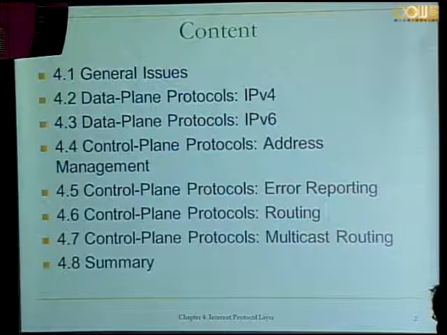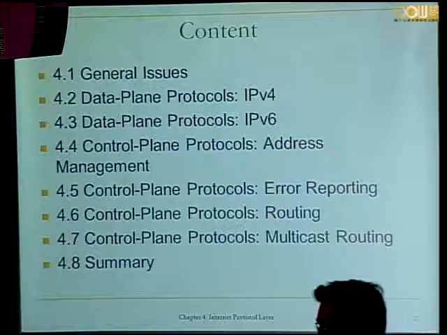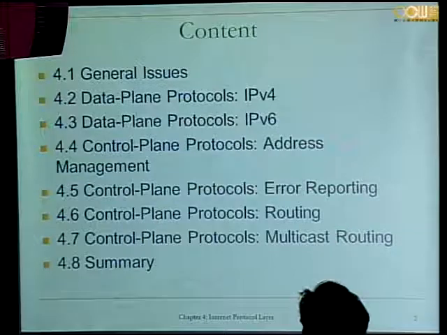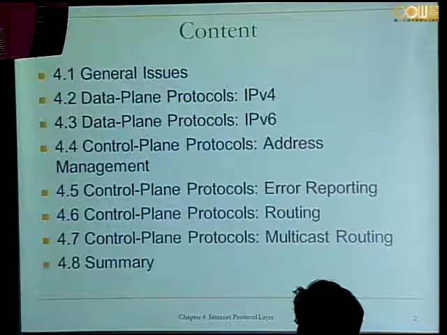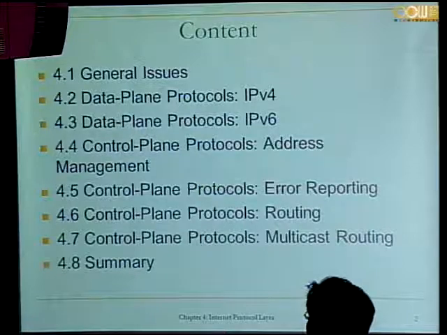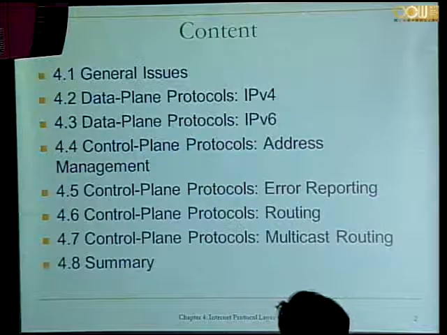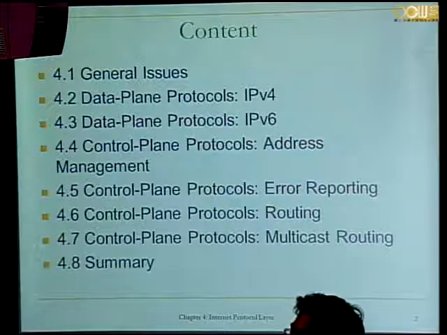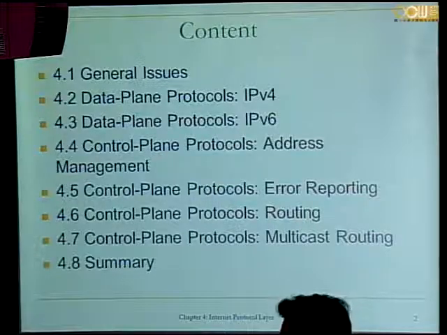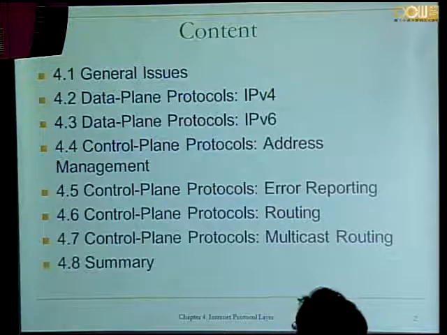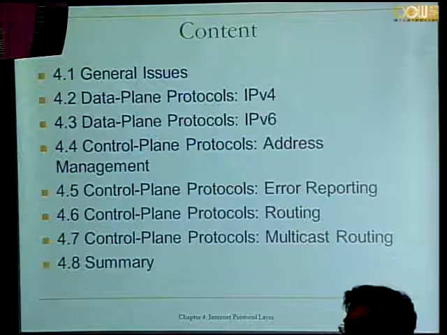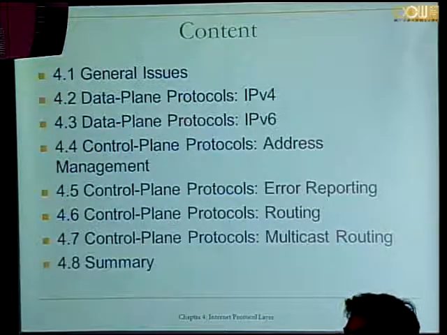So we'll look at the general issues first, as in the other chapters. Then we look at the data plane protocols, which are IPv4 and IPv6. Right now we are mostly using v4, but there are more packets in IPv6.